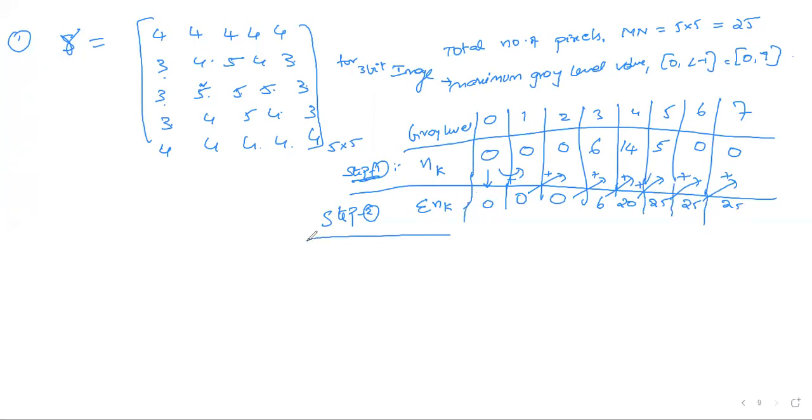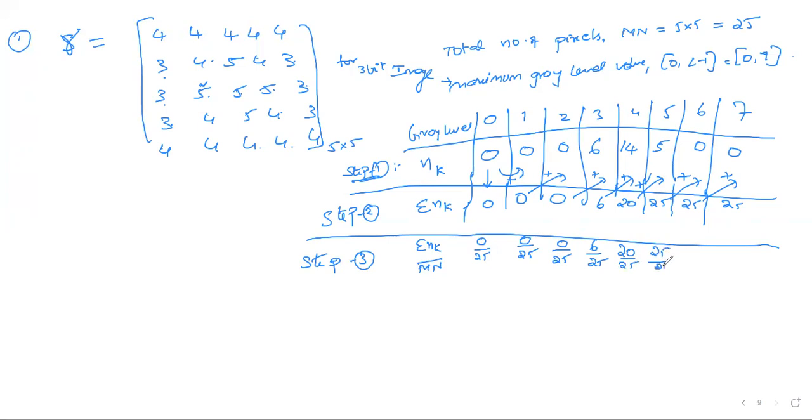After performing sigma nk, step 3, we have to divide with the total number of pixels. Here total number of pixels is 25. So 0 by 25, 0 by 25, 0 by 25, 6 by 25, 20 by 25, 25 by 25, 25 by 25, 25 by 25.